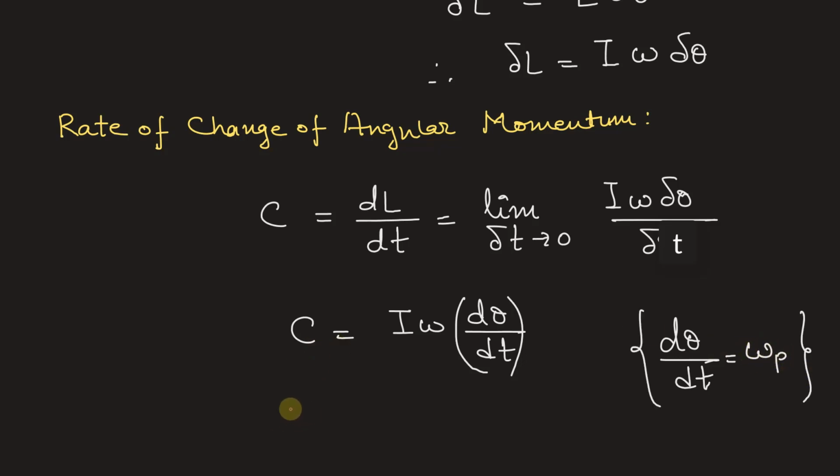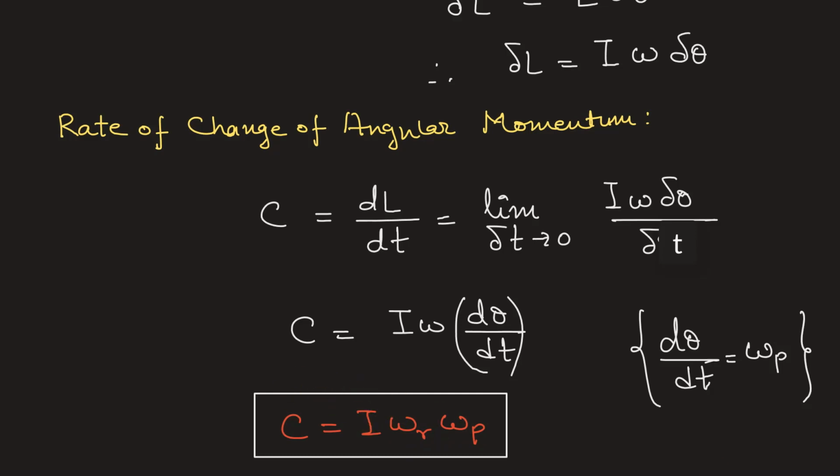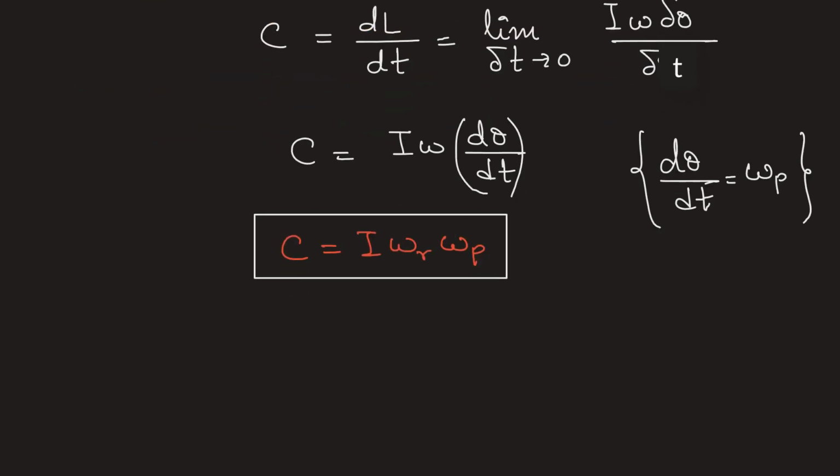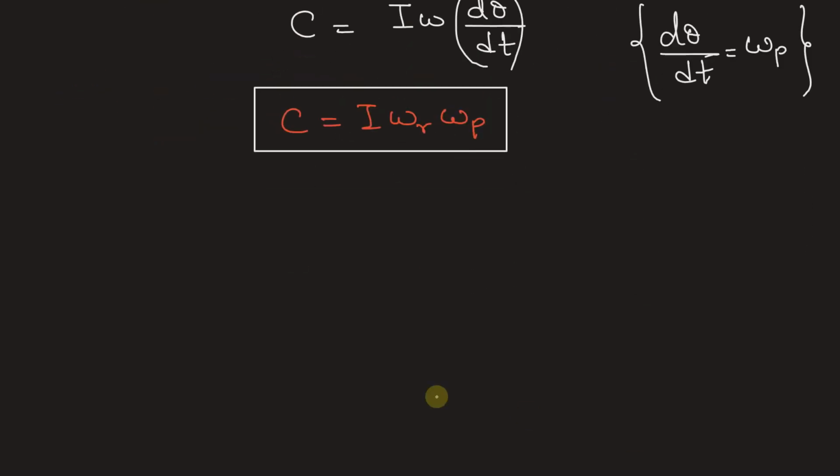So we have got the formula for the rate of change of angular momentum, that is the gyroscopic couple: C is equal to I omega, that is omega r, the speed of the rotor, times d theta by dt, that is omega p, the angular velocity of precession. Now using this formula, let's calculate the gyroscopic couple.